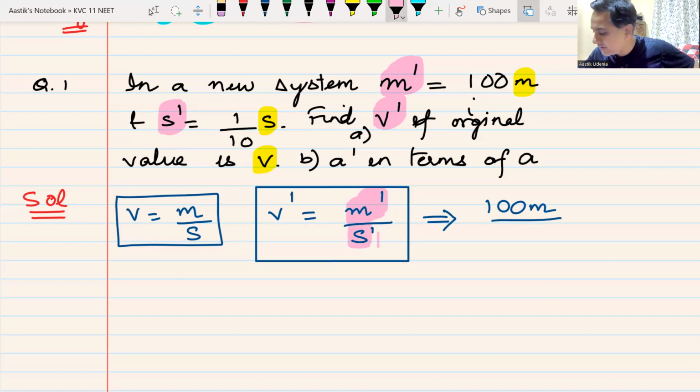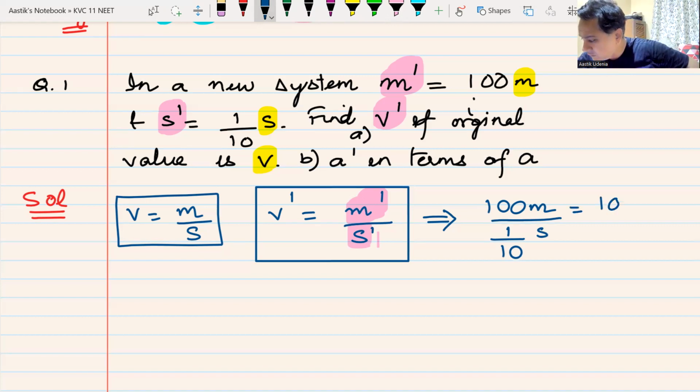My S dash is 1 by 10 times of second. Now it is a simple division: 100 divided by 1 by 10. So I will get 1000 times meter per second.